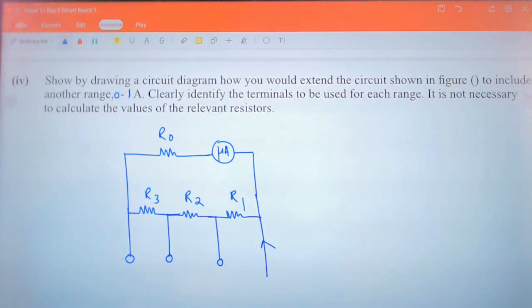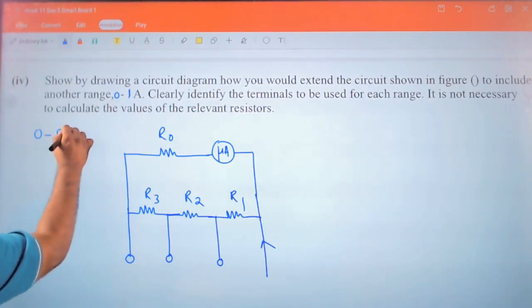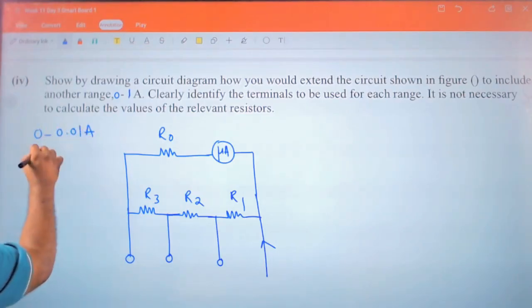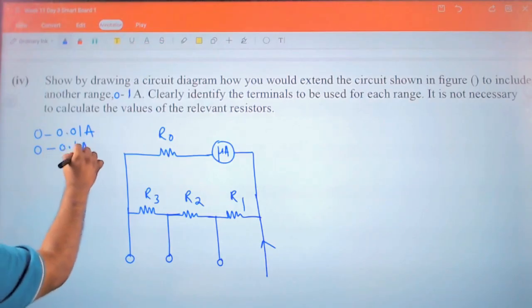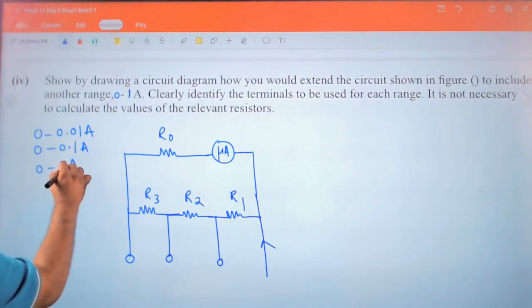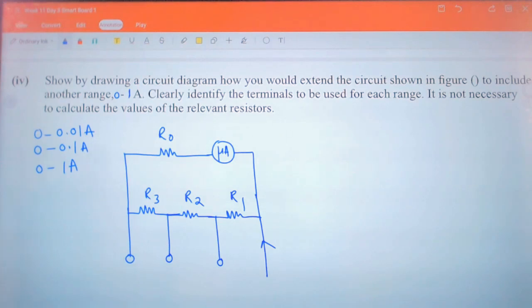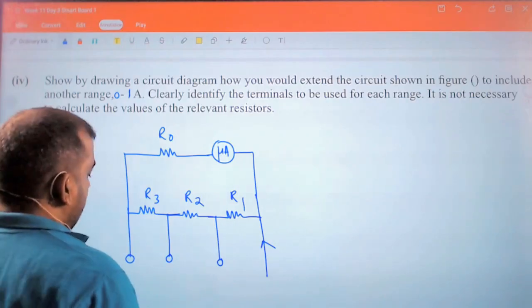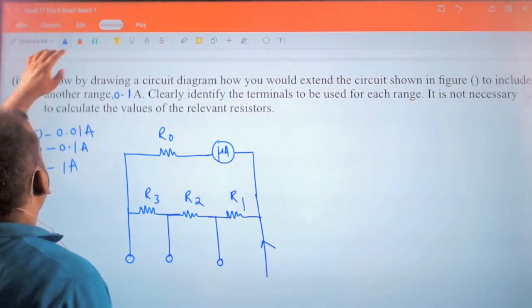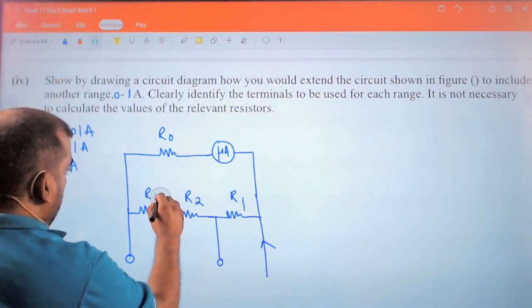So, what are your ranges? 0 to 0.01 ampere, 0 to 0.1 ampere, 0 to 1 ampere. Yeah. So, we will rewrite this.